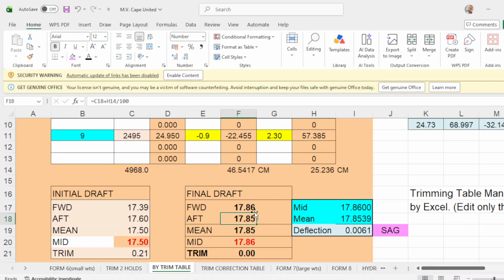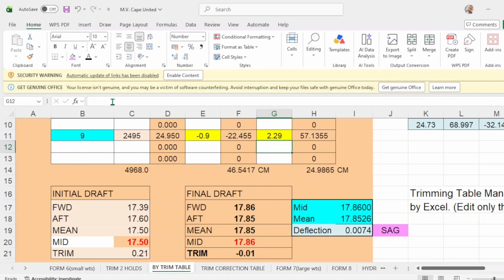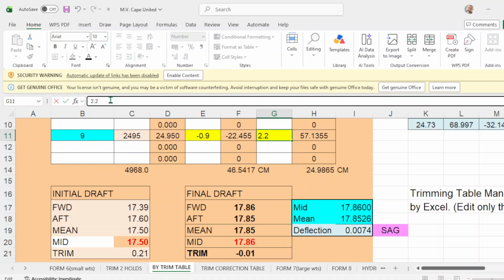Make this 86. This is the upper. Make it, say 29, or trim by the head. This 3-1.